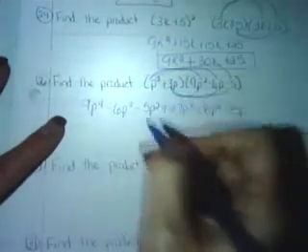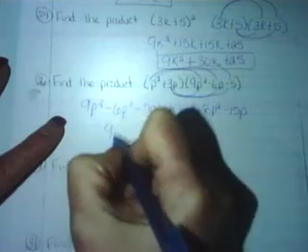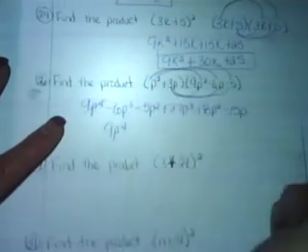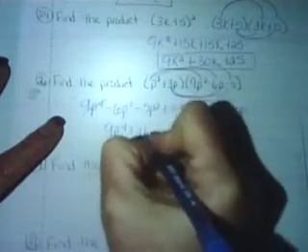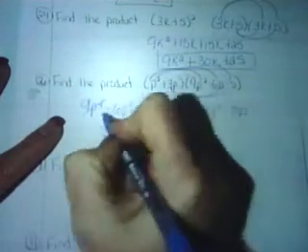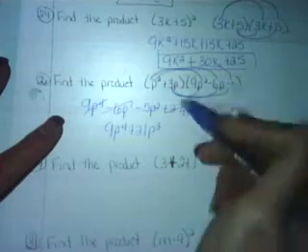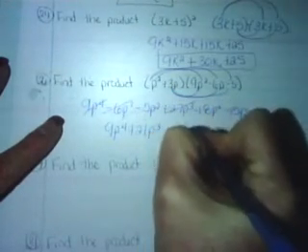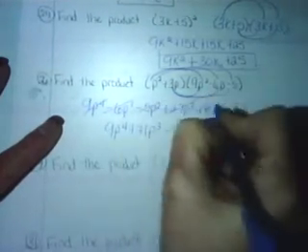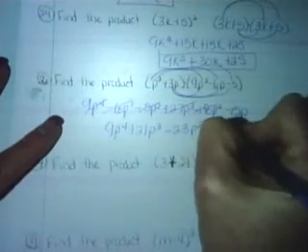I don't have any other to the 4th, so I'm going to have 9p to the 4th. Cubes, I have negative 6 plus 27, which gives me positive 21p cubed. And I have negative 5 minus 18, which is negative 23p squared, minus 15p.